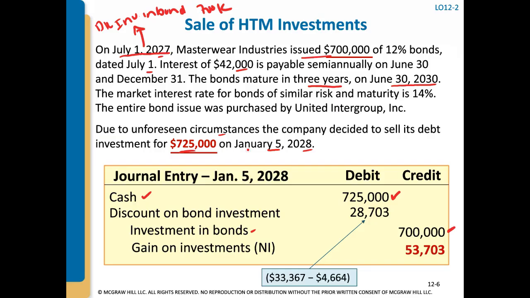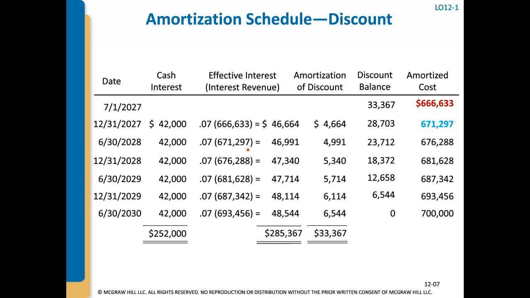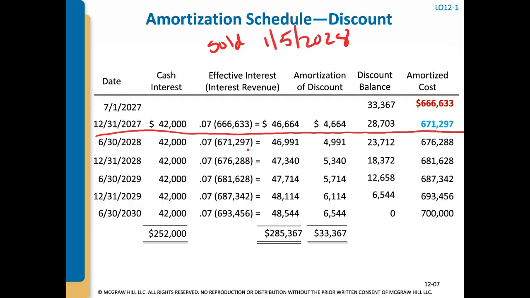The next is we have a discount on the bond that we originally recorded. And if we look at the amortization schedule right here, I'm going to draw a line. Because we sold it on January 5th, 2028, we need to look at our discount balance on our balance sheet right now at 12/31/2027.